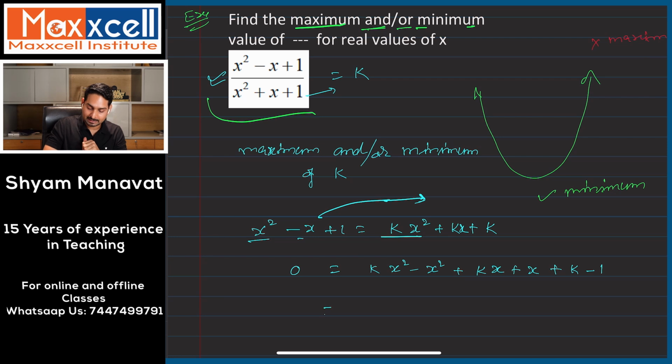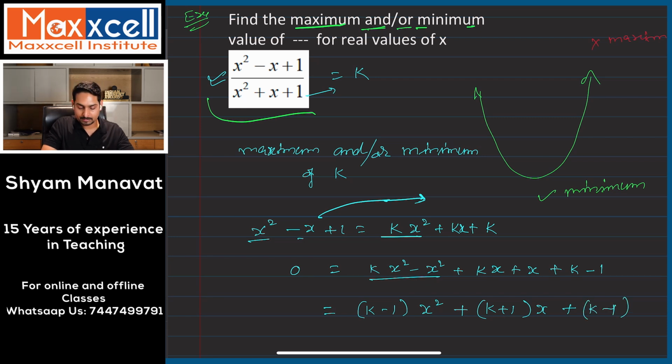Now what I'll do is from the similar power term, I'll take that power common. That means from the first two terms, let me take x square common. So I'll have k minus 1, and then I have x square here. Similarly, here it will be k plus 1, and then I'll have x here. And then last one is k minus 1.